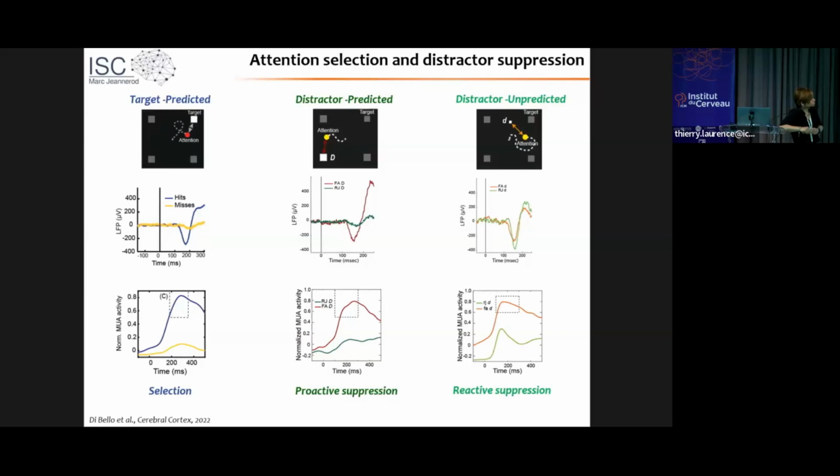On correct rejection trials, you see the sharp rise in the response, and then this deep suppressive dip in the response that we term a reactive suppression. As a result, we are actually describing 2 different mechanisms within the prefrontal cortex relative to distractor processing: either a proactive suppression of expected sensory information, and a reactive suppression of unexpected sensory information.